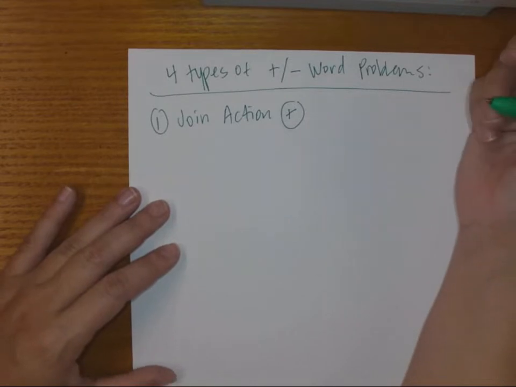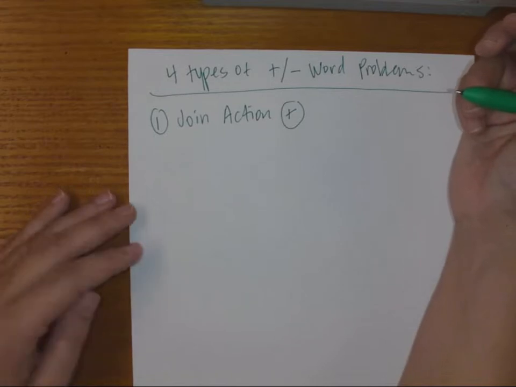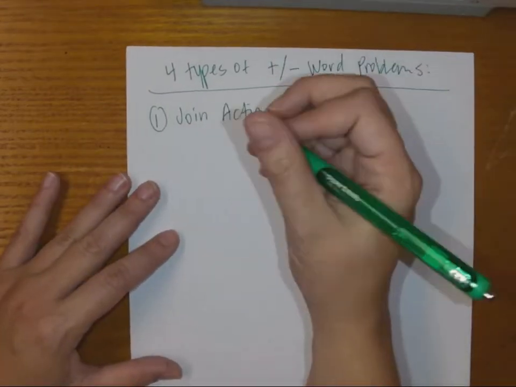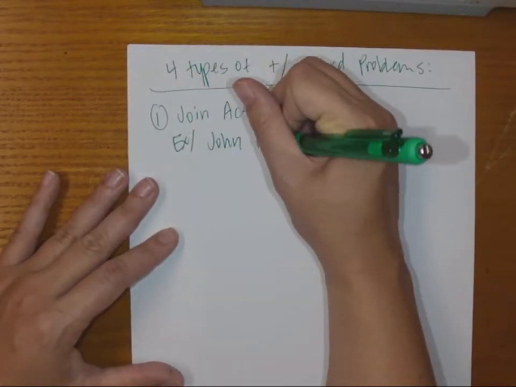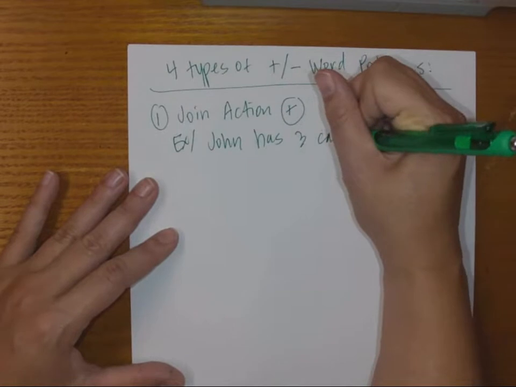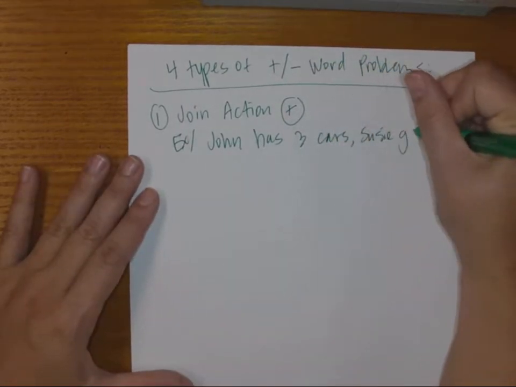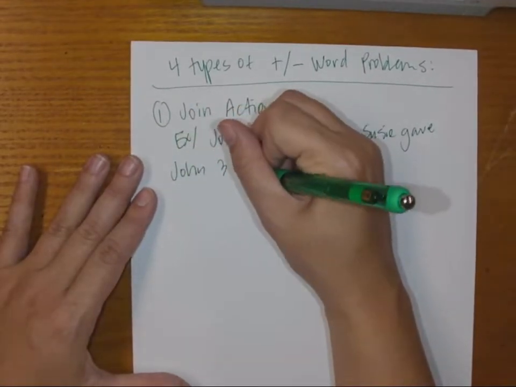A join action problem is a word problem where somebody has something, someone gives him some more, and the question is how many does he end up with? For example, John has 3 cars. Susie gave John 3 more cars.